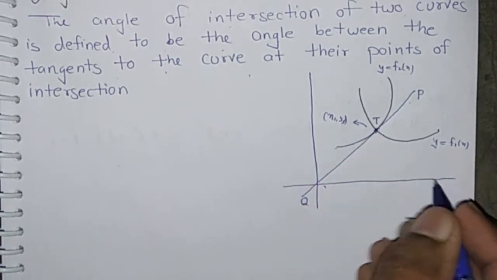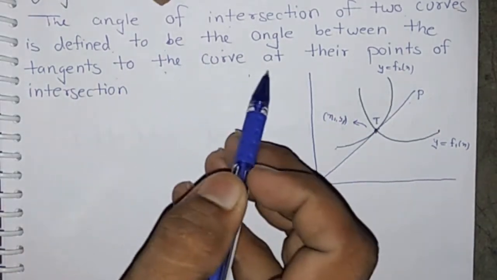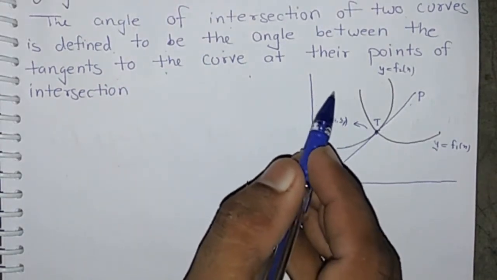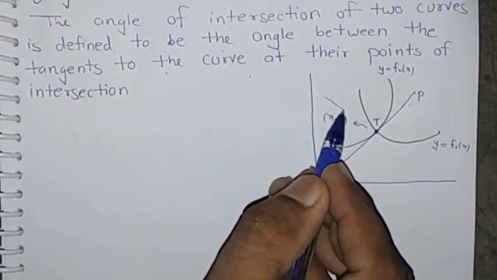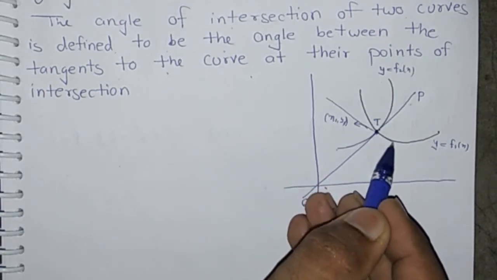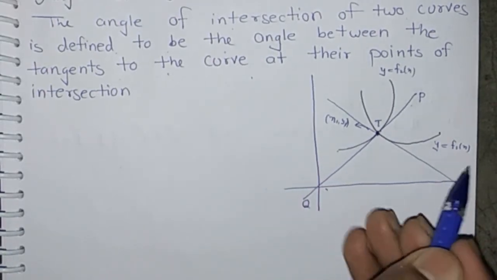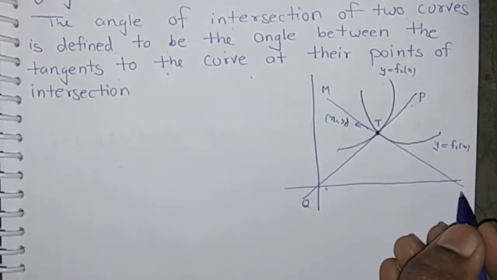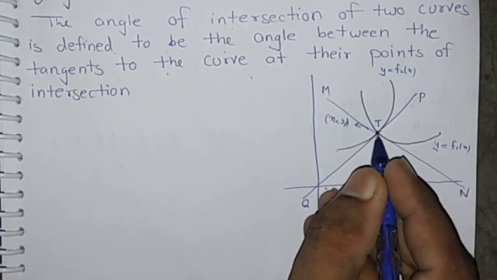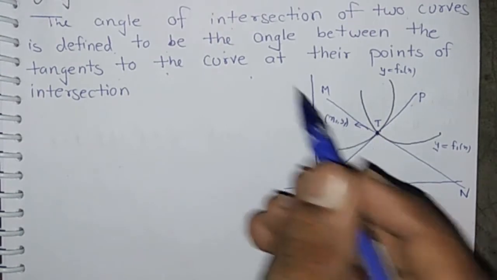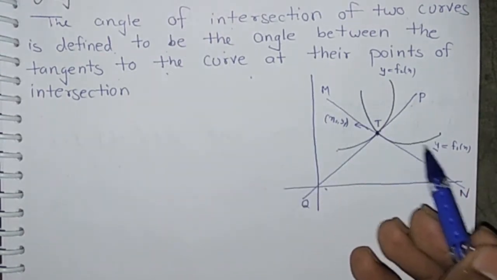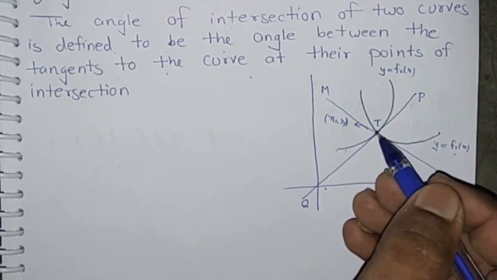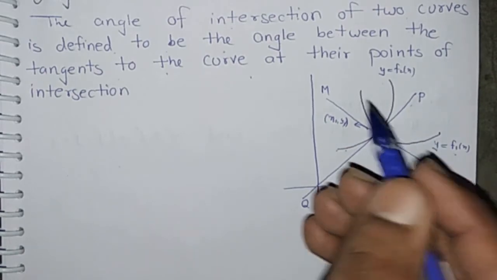T is the point of intersection, and the tangent on the first curve is MTN. These are tangents on first curve and second curve at their point of intersection.